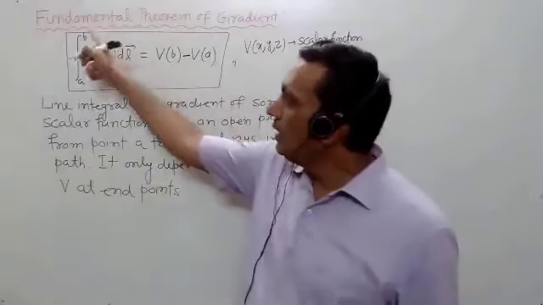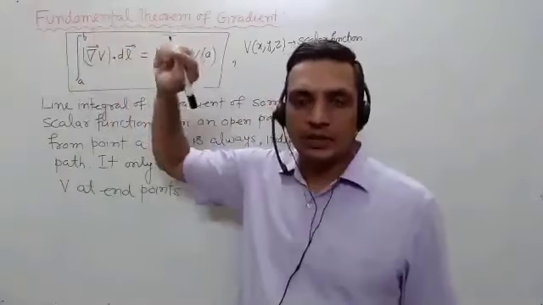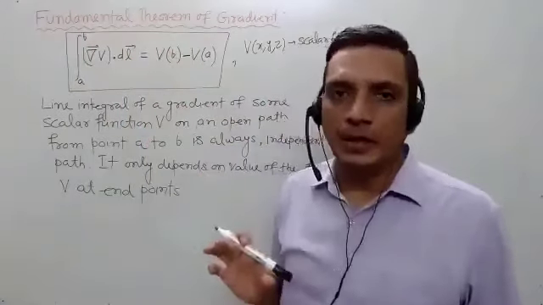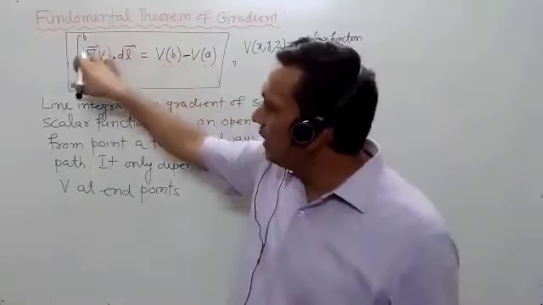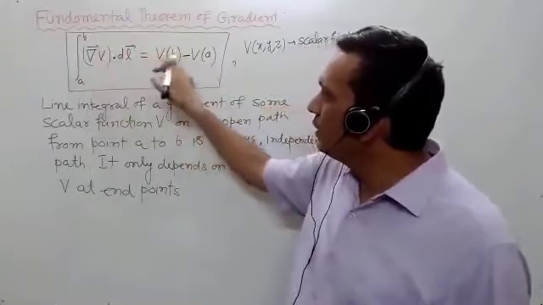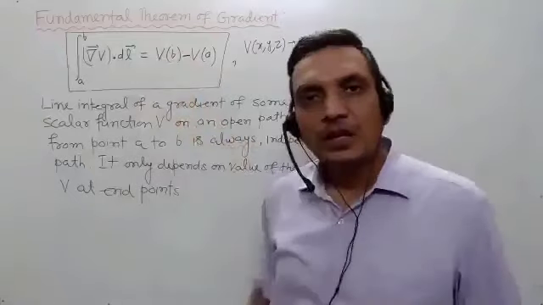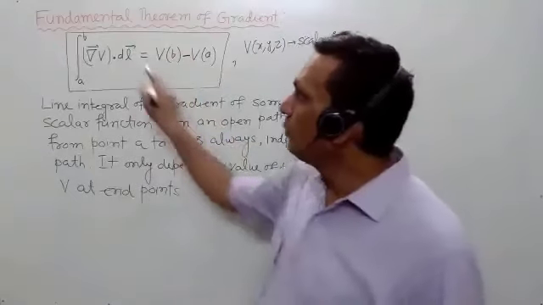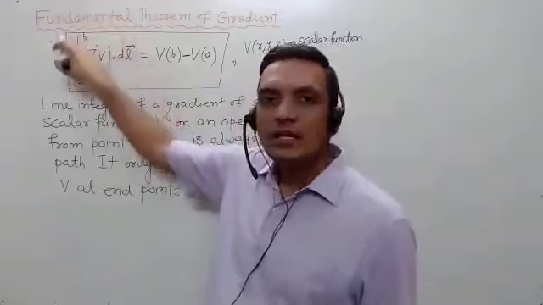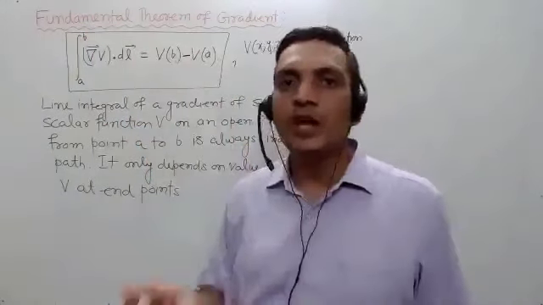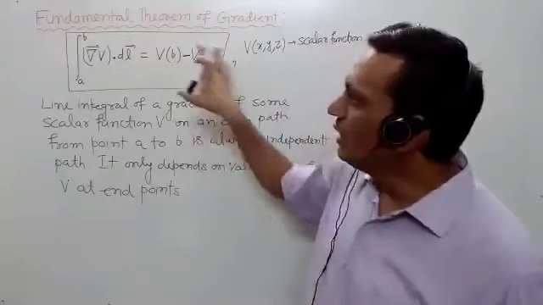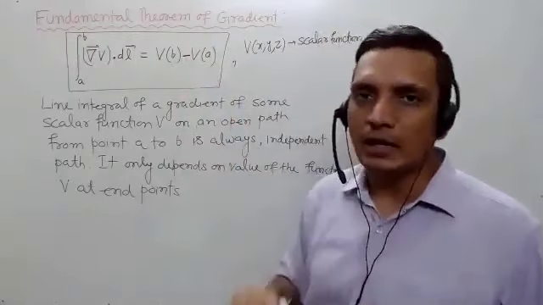So this is the line integral of the gradient of some scalar function, and that is always independent of path. The value of this integral depends on the value of the function v at the endpoints. So in an objective question, if you have to find this integral, instead of calculating it, just find vb minus va. That will simplify your calculation. So using these theorems, we can simplify our calculations.